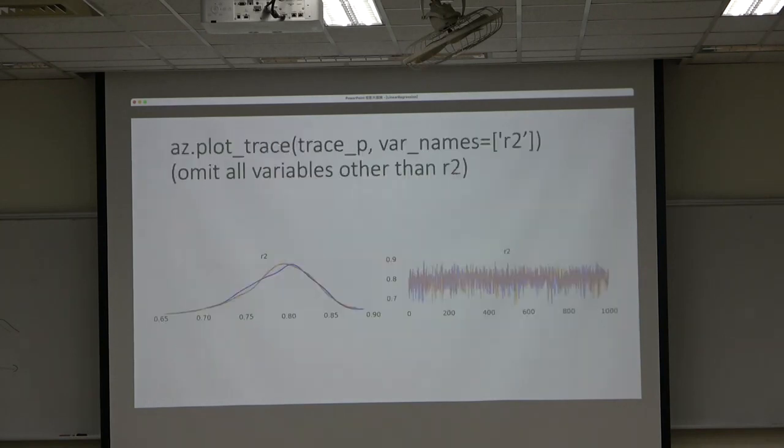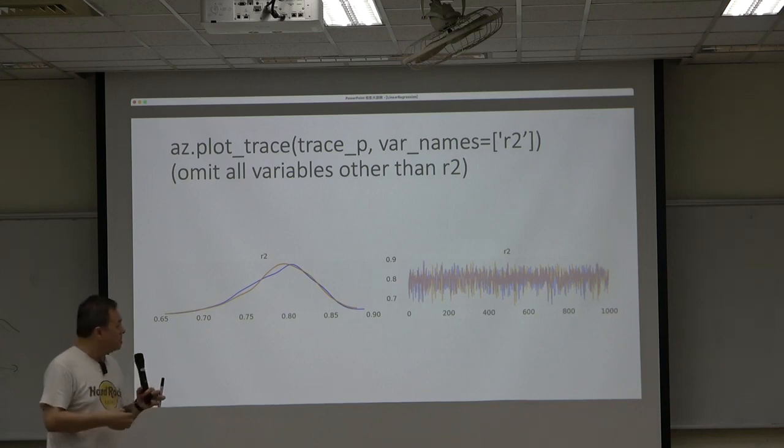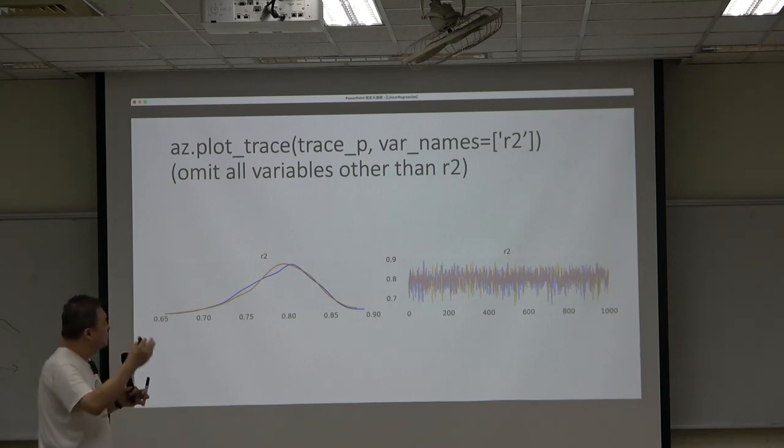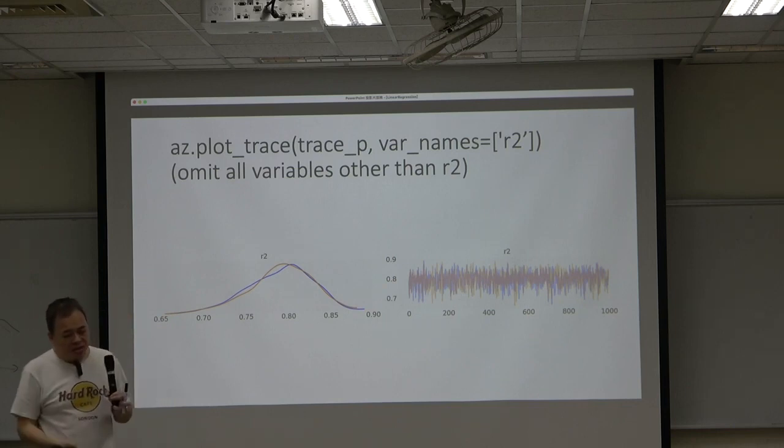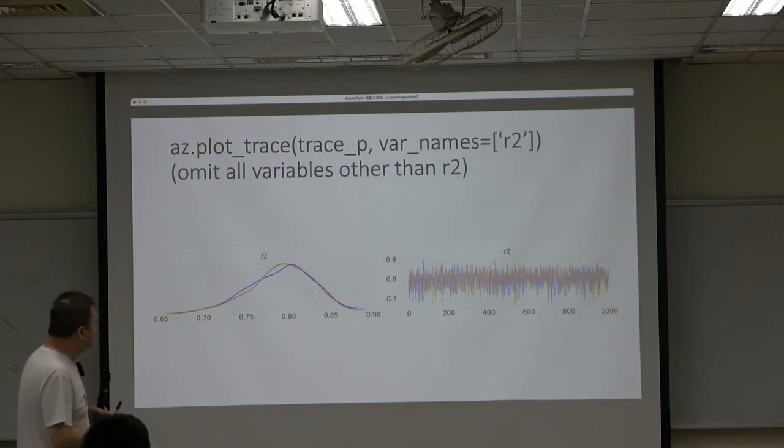You see we have this kernel function, and the chain. This one is the upper left corner figure, and this one is the lower right figure. These two figures are the most important ones.